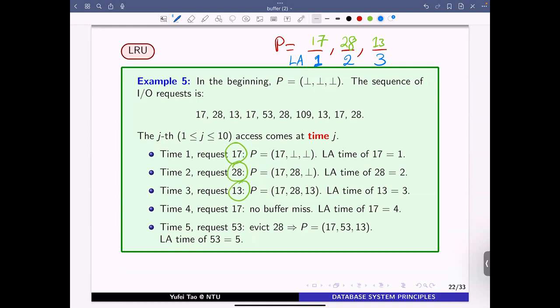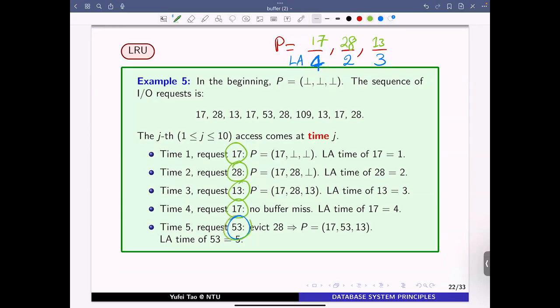Continuing, time 4 is 17. 17 is a hit, so now we have to update the LA time, the last access. The LA time goes from 1 to 4. We have to bump it up. Time 5, we got 53.